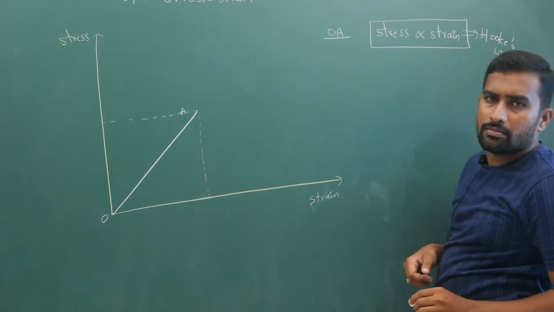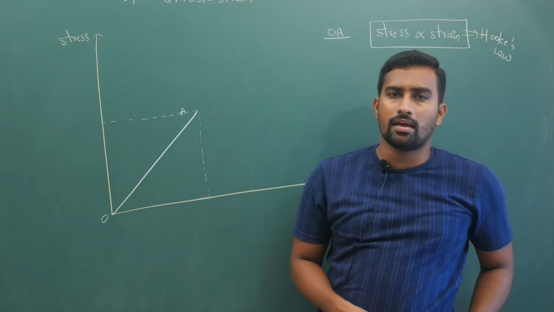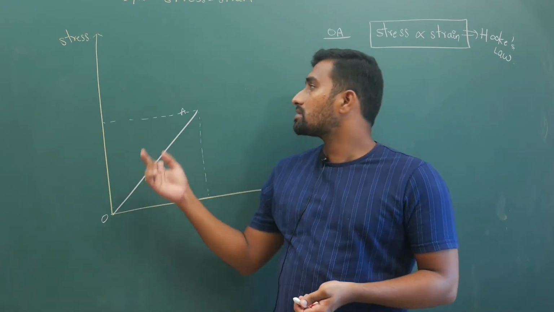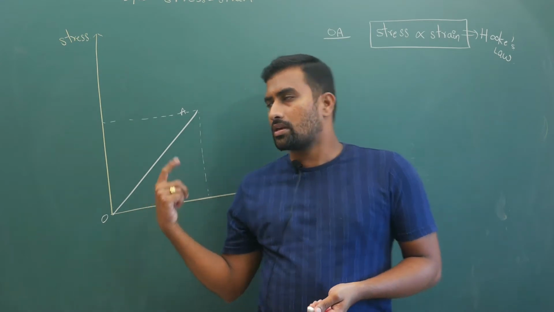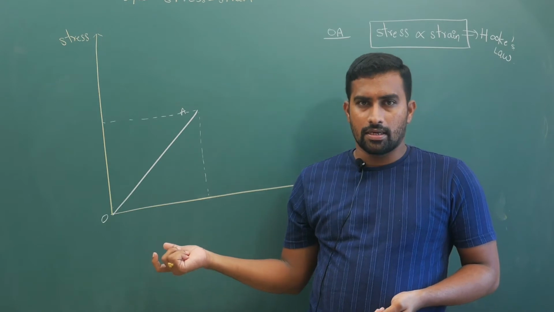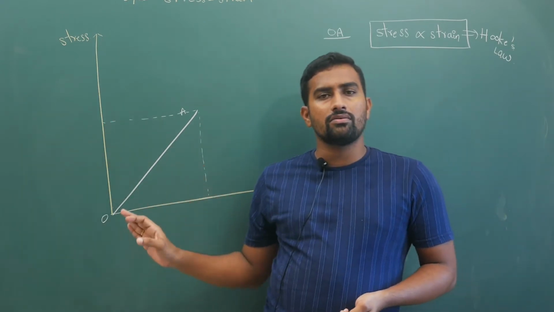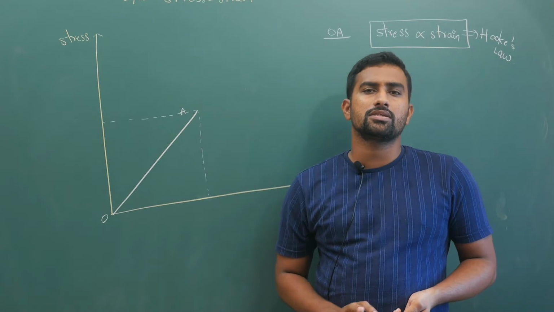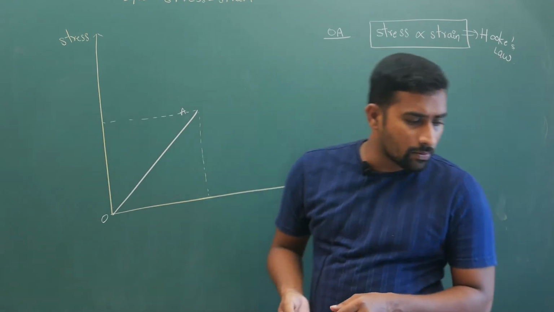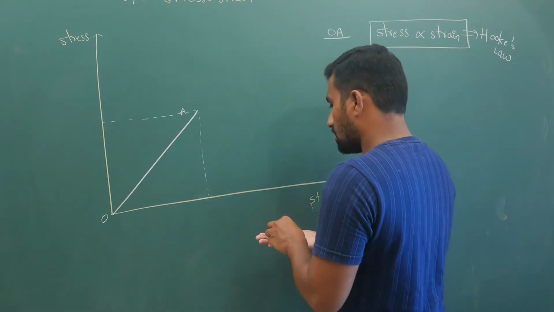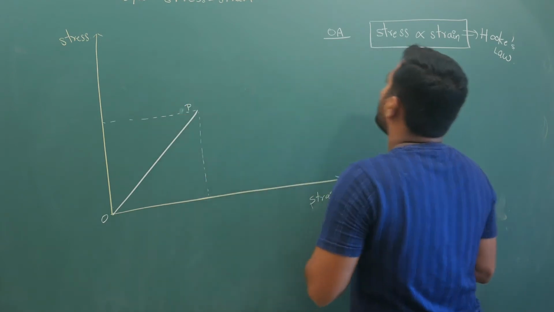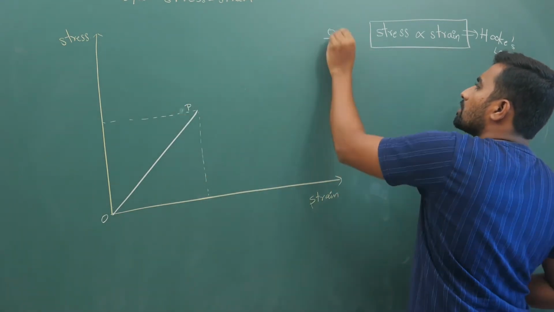So for elastic materials, if you take a look at the stress-strain curve, stress is directly proportional to strain. The stress-strain curve is observed experimentally, it is not given by me. In most books the point is represented as P, not even A, so I will take it according to standard books.